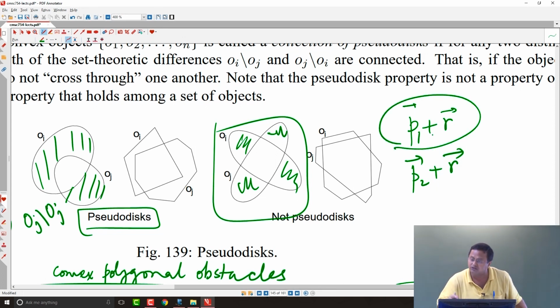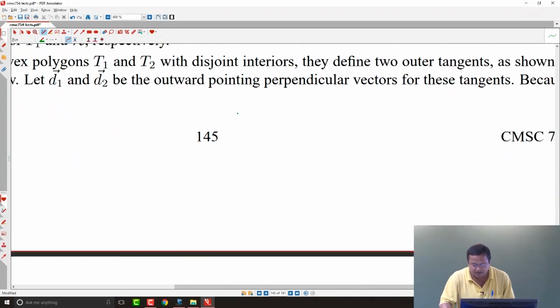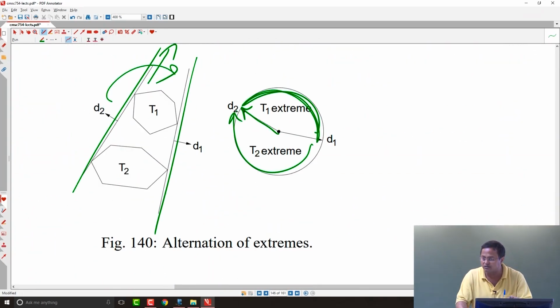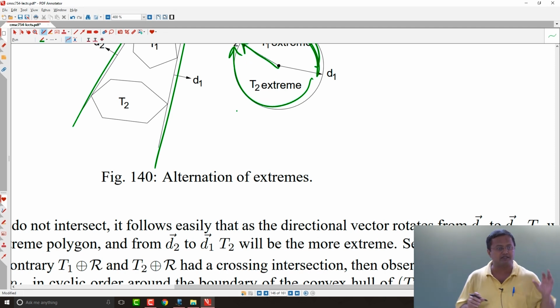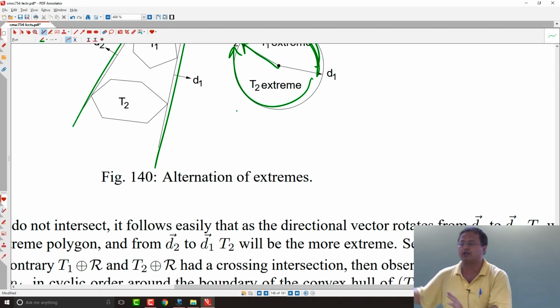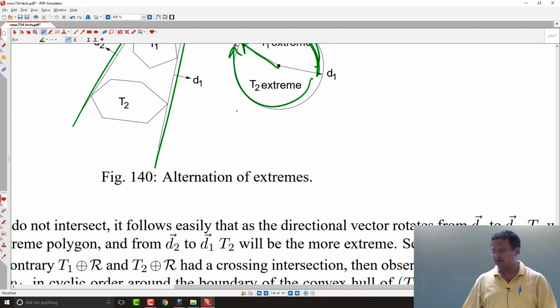So, that would push that to be the extreme. Now, if it is not a pseudo disk, then it will so happen that in this direction P1 would be extreme, then it will change to P2, then to P3, again to P1, then again to P2, but that violates this condition, right. So, these convex polygonal shapes which you have obtained as the Minkowski sum of interior disjoint convex polygons form a set of pseudo disks.